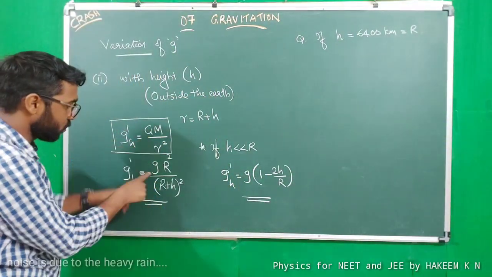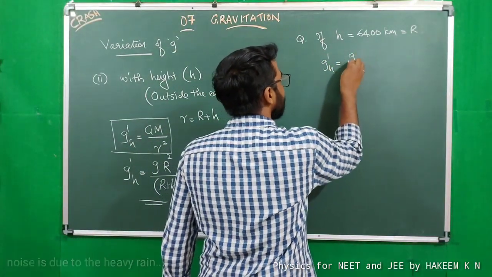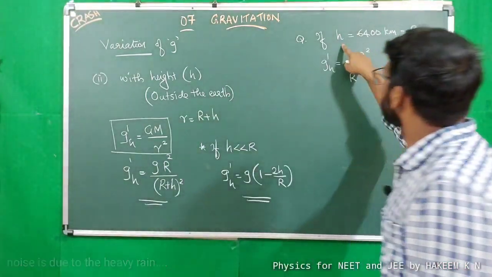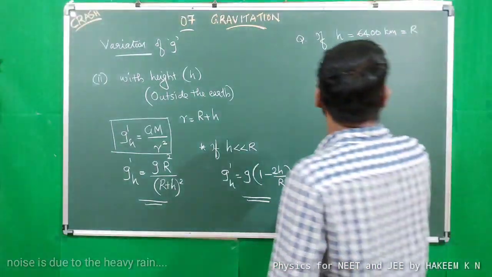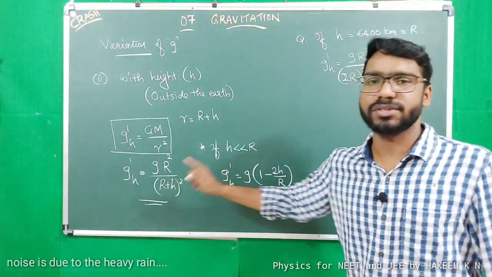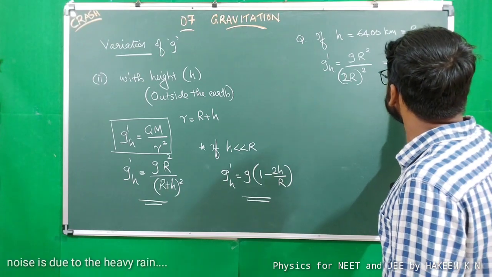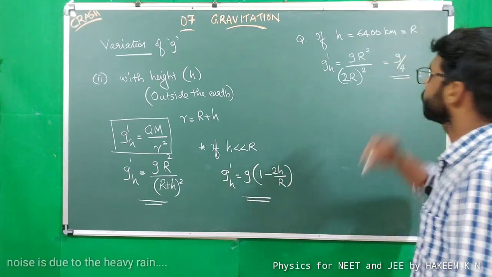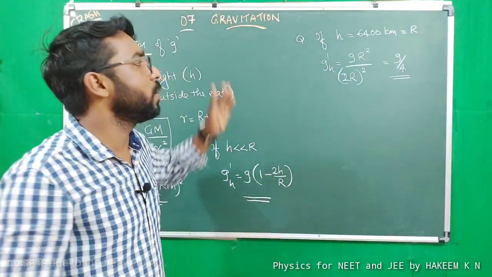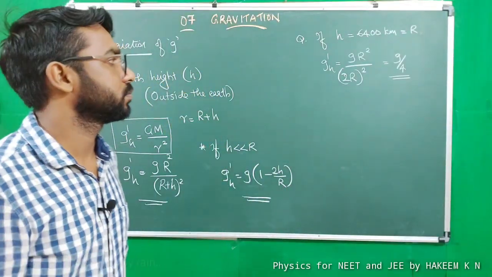We can take this equation: g' with the height equals g r square by (r plus h) whole square, h equals R. So we can say (2r) whole square in the denominator. The r square cancels, then we get g by 4. One fourth of the acceleration due to gravity on the surface will be at a height equal to the radius of Earth.